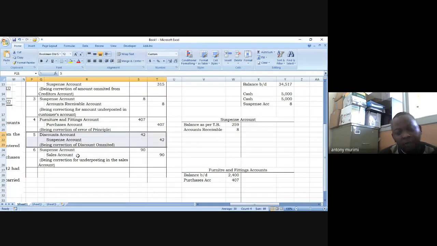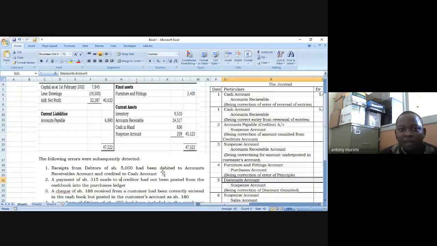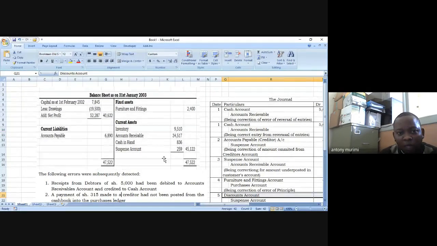So let's skip this and move on to the error number 5 correction. We have the discount account and the suspense account. The discount account is a revenue account which doesn't fall anywhere under the balance sheet. Revenues don't fall anywhere under the balance sheet. So you don't have any details for the discount account.